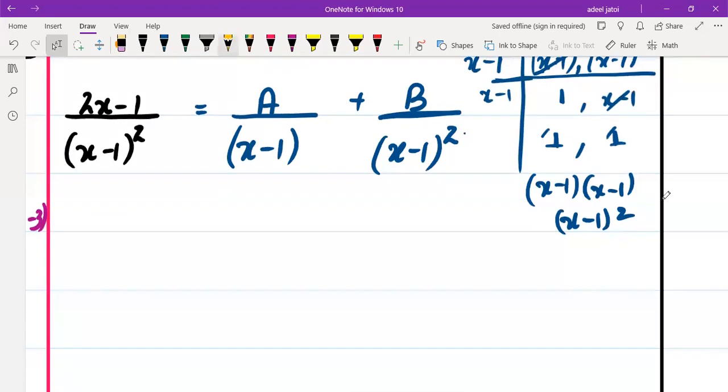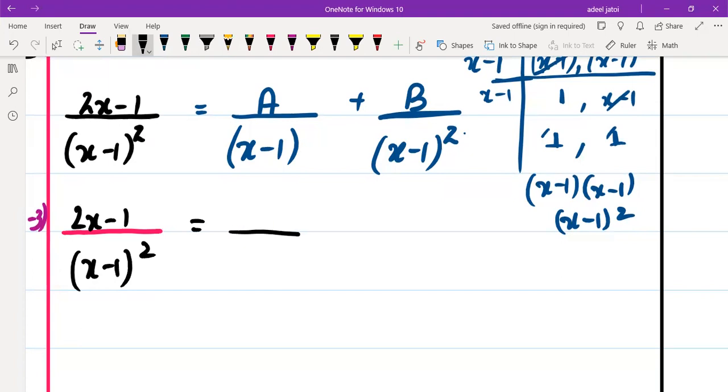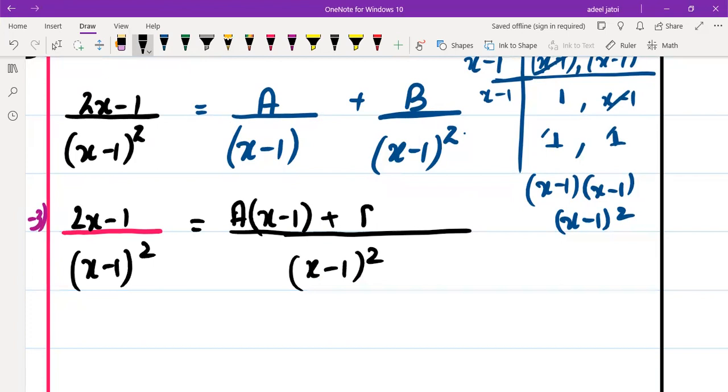But remember this, that the LCM for both will still remain the same, because for partial fraction, the LCM will be x minus 1 whole square. So we write down A, with A we write down x minus 1, and B will be alone because x minus 1 whole square is cancelled out.